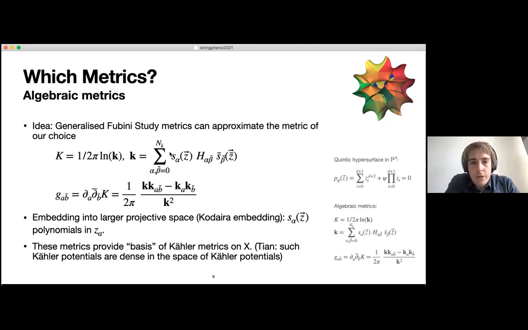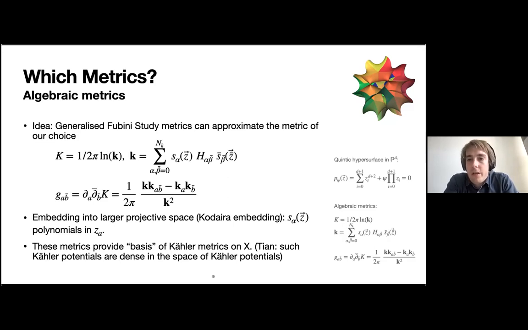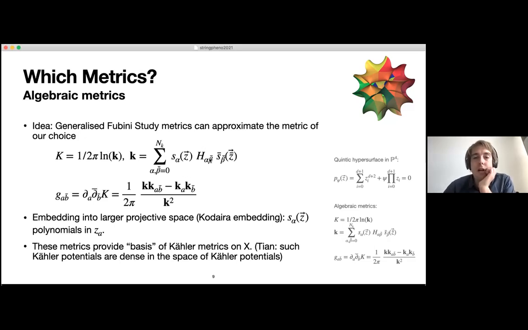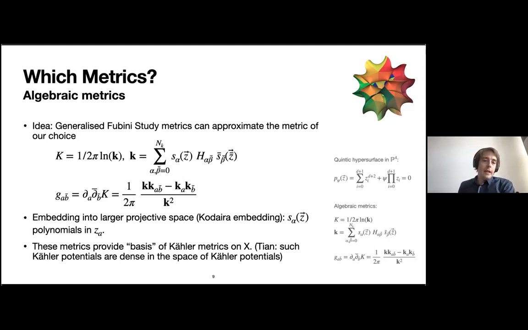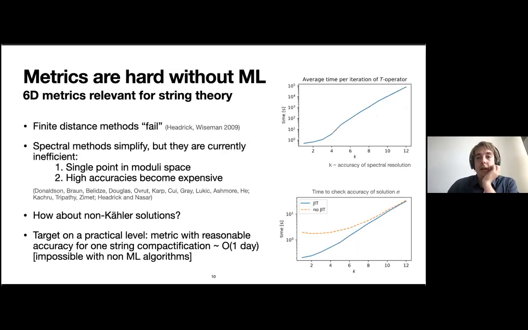The acronyms that I'm putting in here mean that we are looking at polynomials in terms of the coordinates, and H being some matrix of appropriate dimension, which encodes the complex structure moduli dependence if we want to study that at different points in complex structure moduli space. H is essentially what we're after when we make this ansatz.